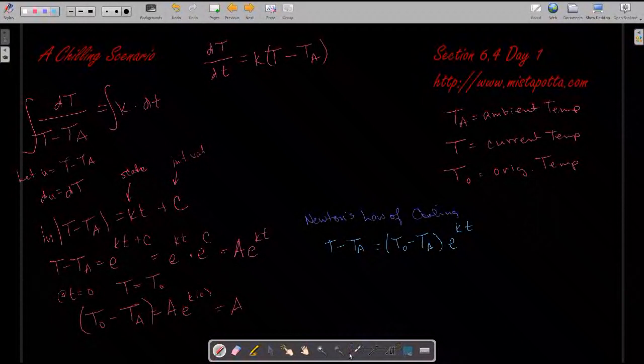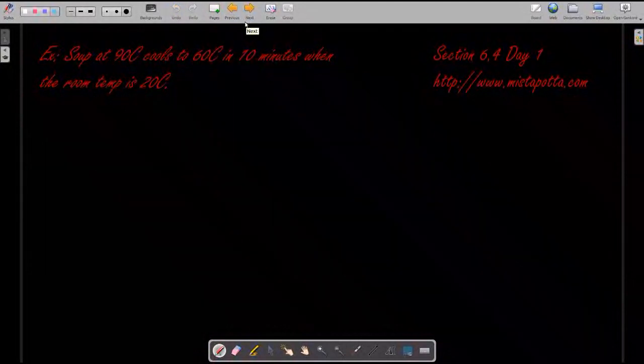But in our example, what we're going to be talking about is soup. So I've got some soup at 90 degrees Celsius, and it's going to cool to 60 degrees Celsius when the room temperature is 20 degrees Celsius. So with this information, what I know is my original temperature is 90 degrees Celsius.